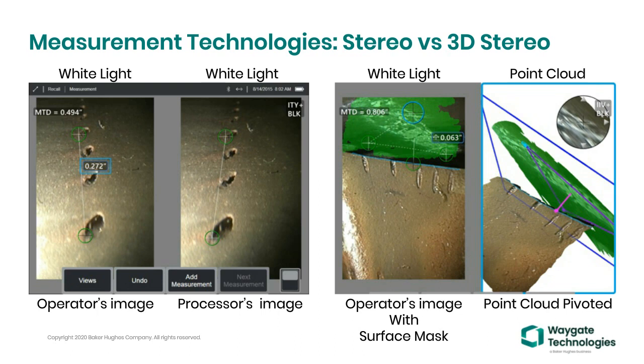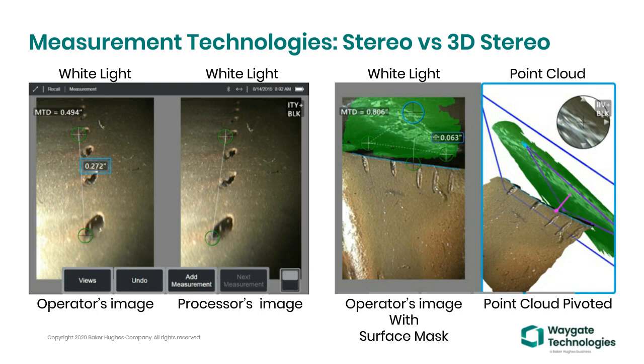Conversely, on the right-hand image with the white light image, on the left, you see the power turbine blade. This is a separate, different blade image, and they're measuring the gap or the distance between the tip of the blade and going up to the shrouded area. So the shroud of the turbine is actually masked in green, and that surface mask, I'll talk a little bit more later and the importance of that.